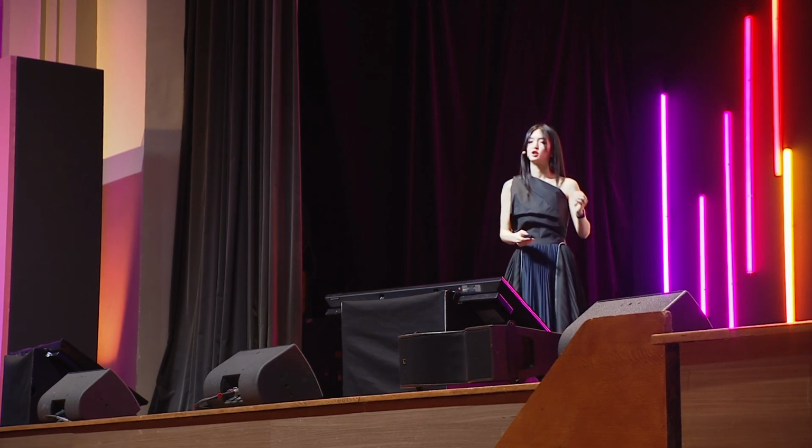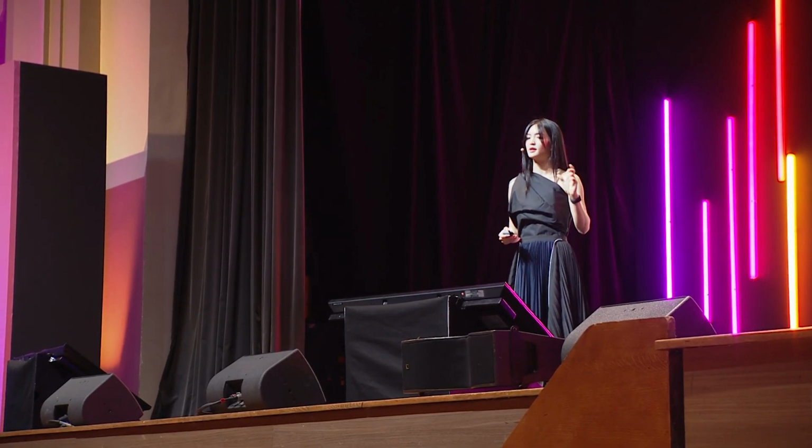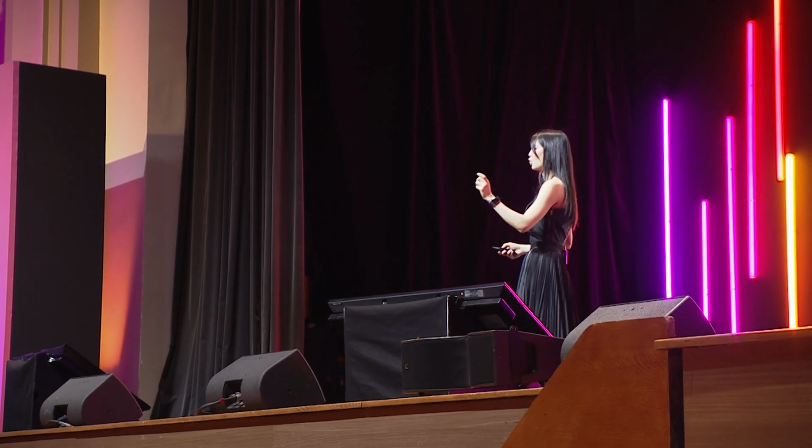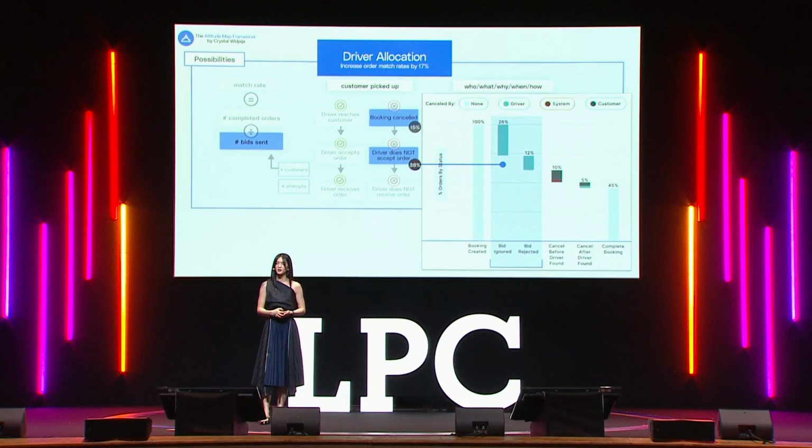And I might find that, turns out 15% of orders are canceled, sometimes by the driver, sometimes by the customer. But the greatest chunk of contribution to my KPI is actually in this bid ignored and bid rejected section. 38% is solely the driver's problem. And so should I force drivers to accept orders if it will solve 38% of the problem?